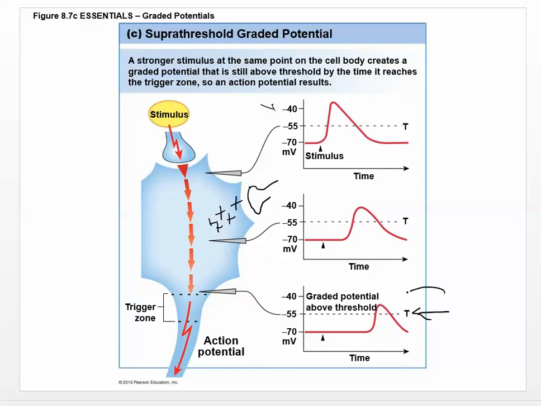So you still have a signal. And if you get to the trigger zone or the axon hillock and it's still above that threshold, you will have an action potential. And this neuron here will fire as well. Okay, so that's kind of the goal.